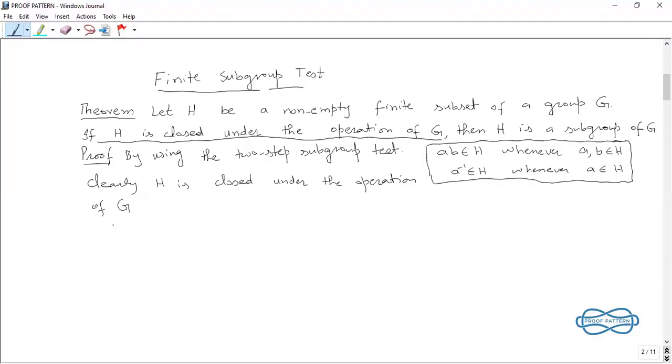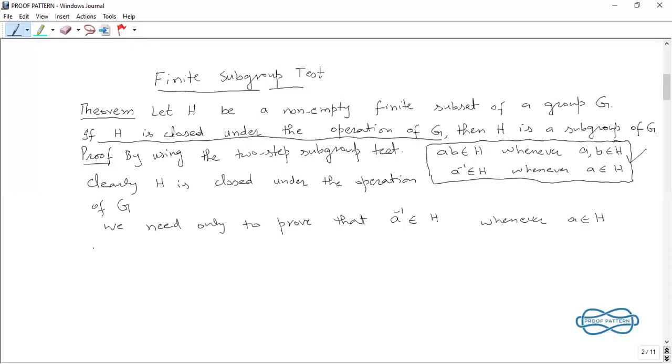Now we have only to prove that A inverse belongs to H whenever A belongs to H to fulfill the conditions of this two-step subgroup test.